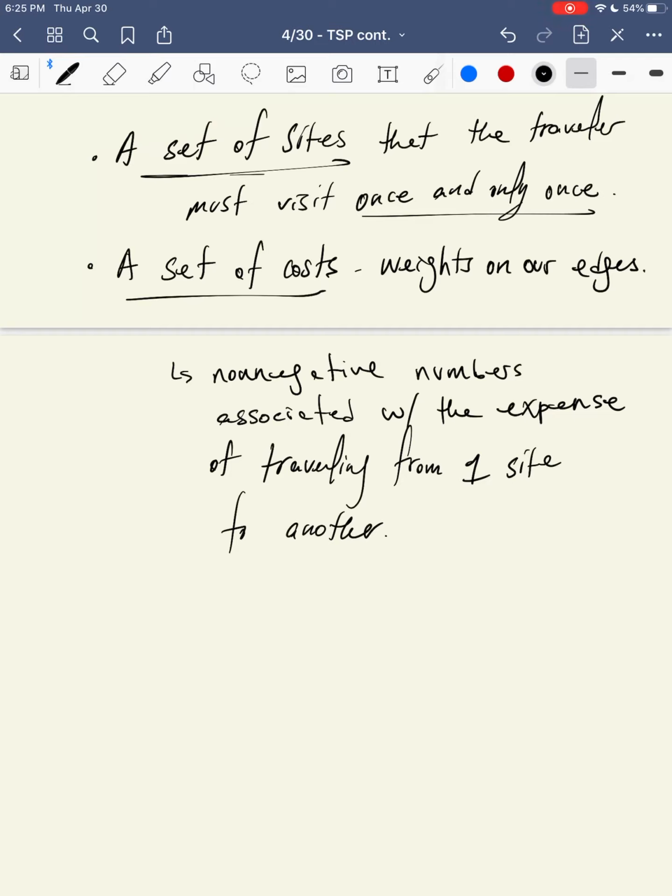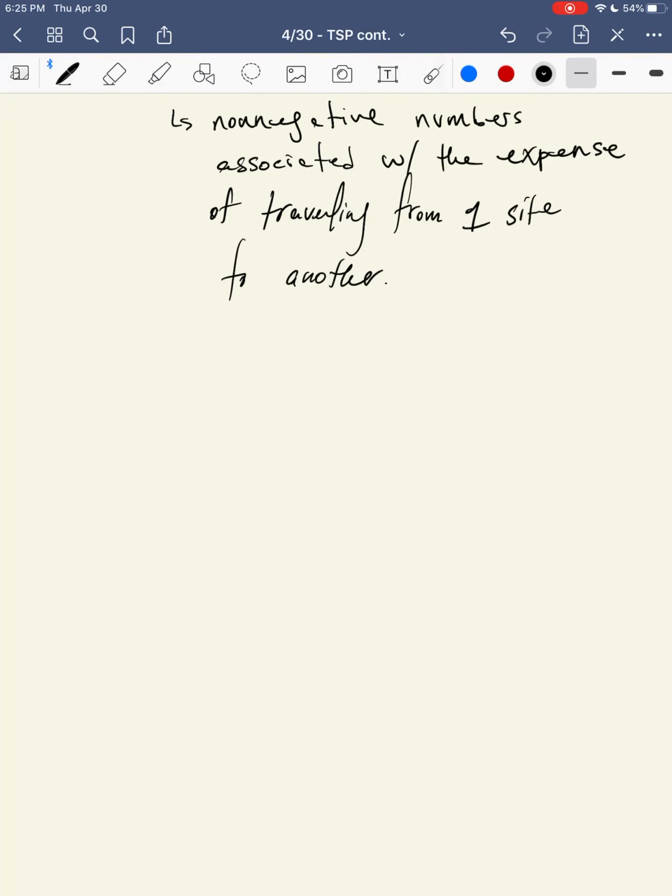And so we had an example last time. Recall our example.